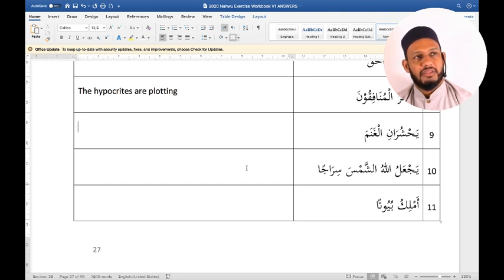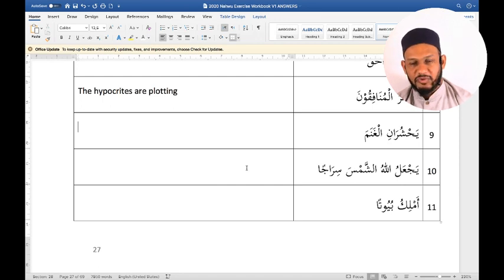Yaf'alu means he is doing. And if I say two people are doing, I say yaf'alani. Say it together. Yaf'alu, yaf'alani, yaf'aluna. You with me? Yaf'alu, yaf'alani, yaf'aluna. So if you see ani at the end of the verb, it means two people are doing it.